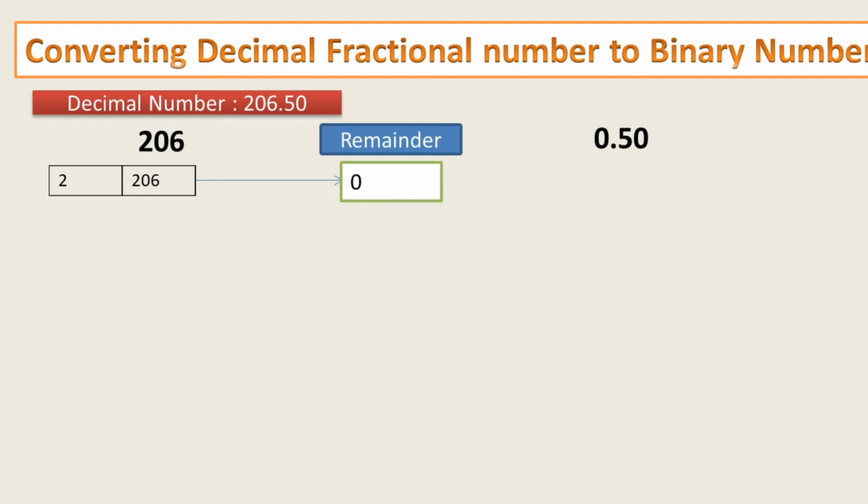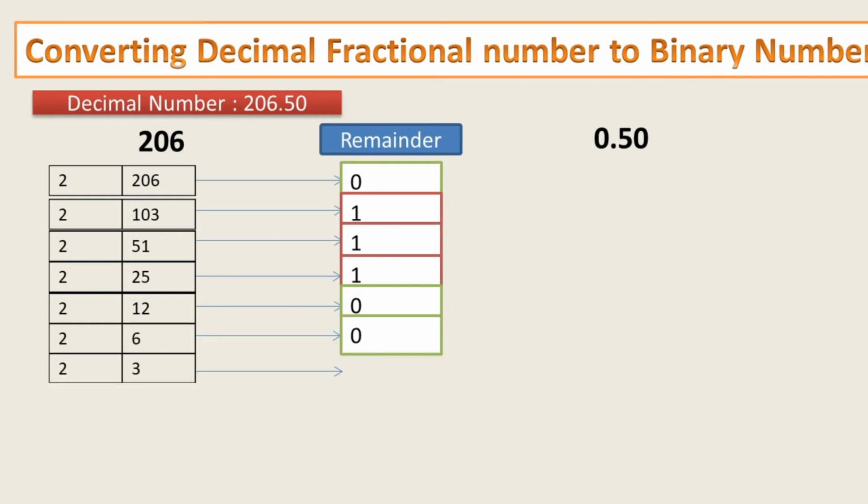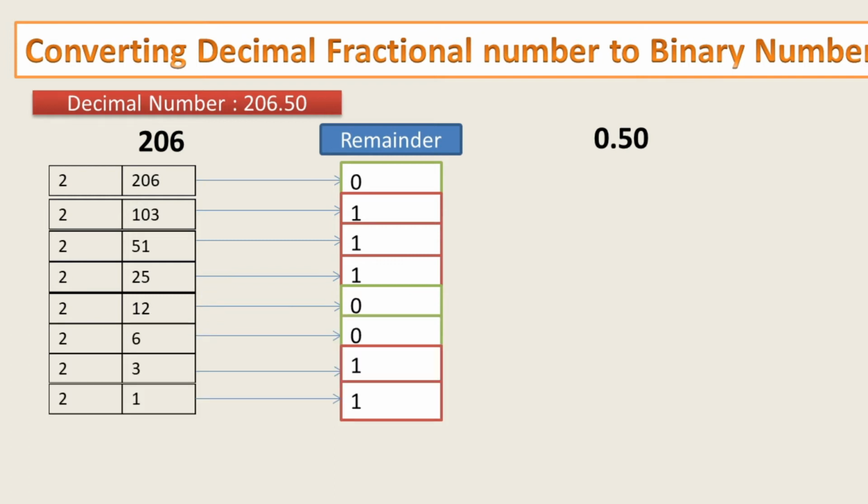First we use the repeated division method for 206, like the previous one. For 206 we know the answer is 11001110, and for .50 we multiply the number by 2 and display only the integer part of the number.